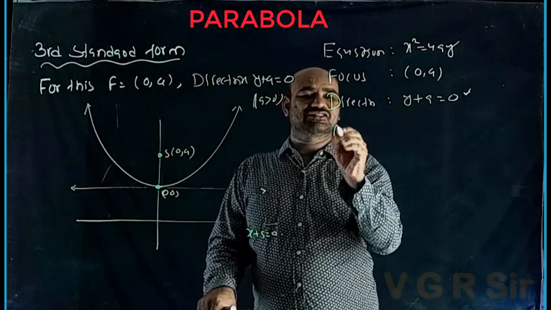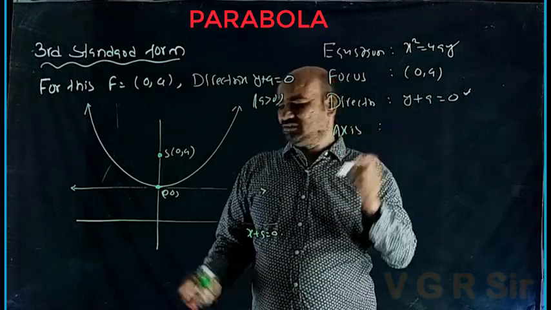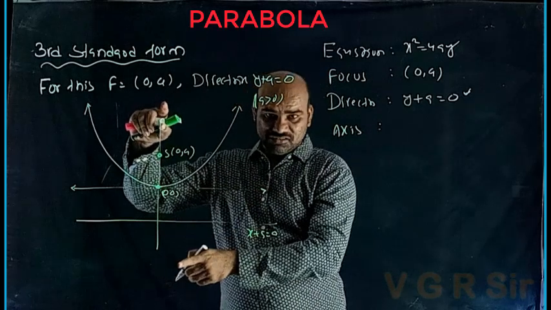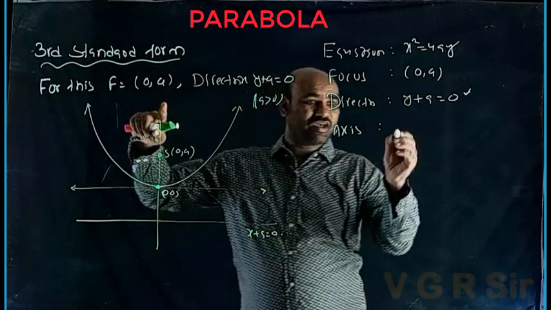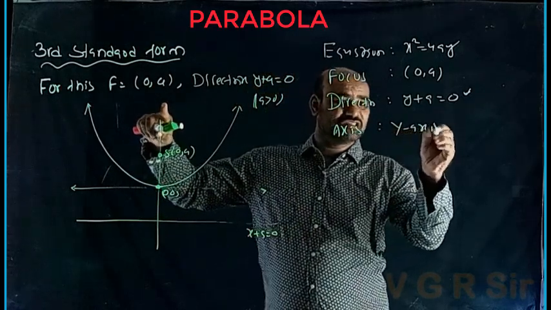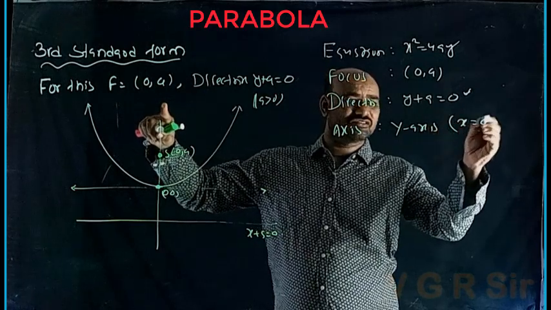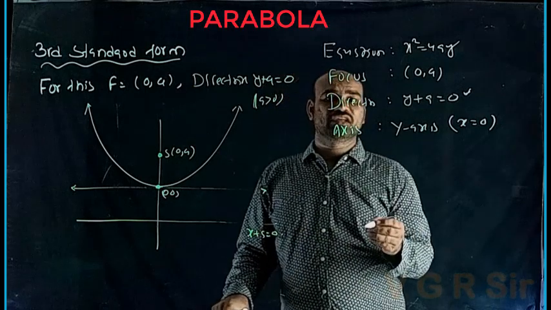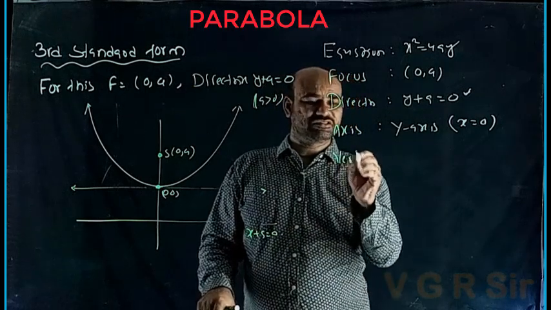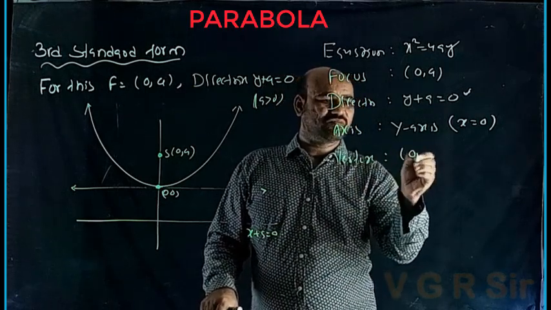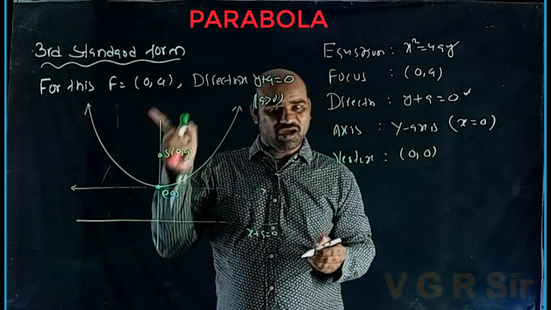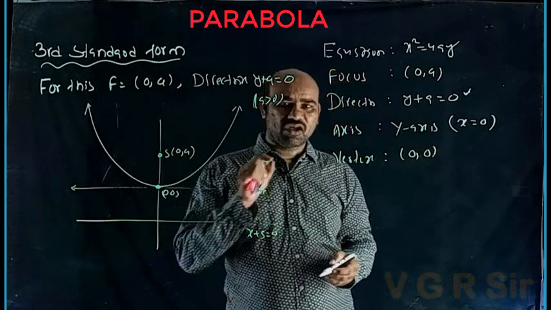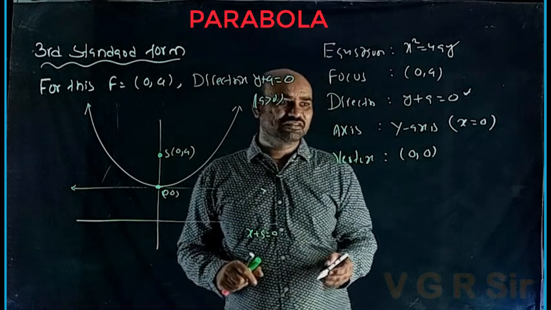Next, axis: this y-axis, or in other words you can say small x equal to 0. Here the y-axis is the line of symmetry. Next, vertex 0 comma 0. For all four standard forms the vertex is 0 comma 0 only.